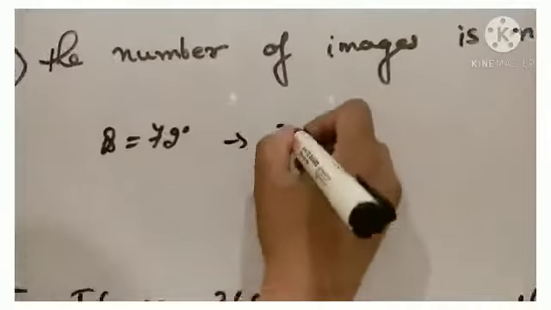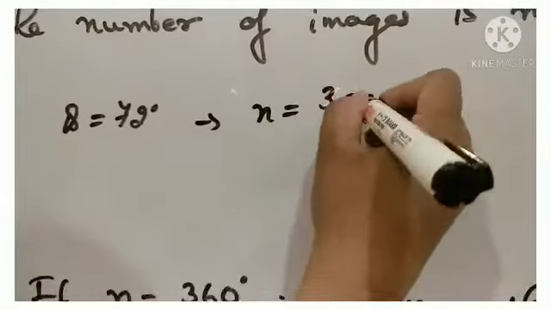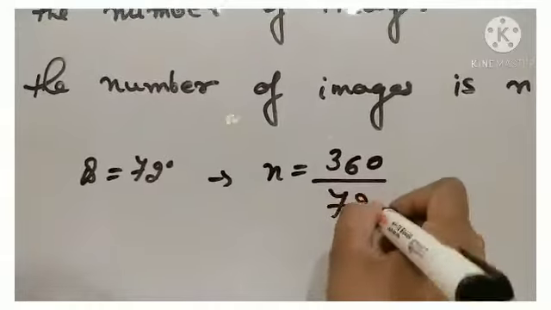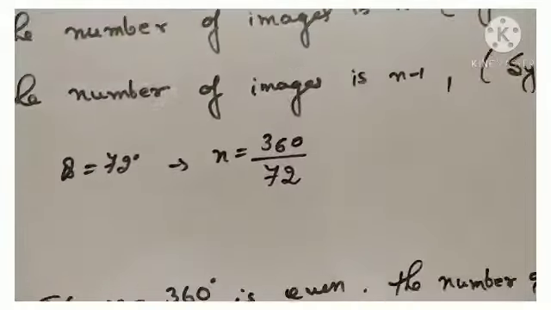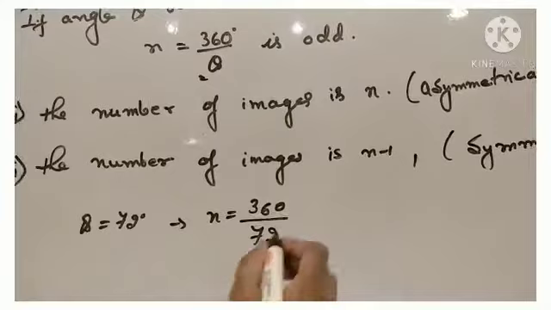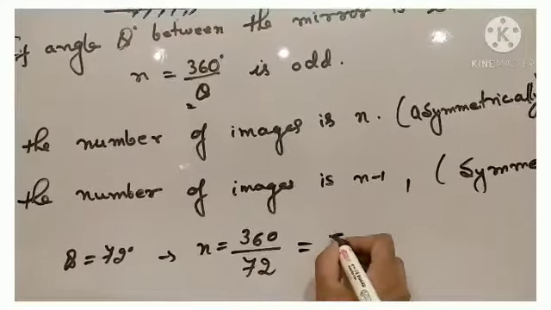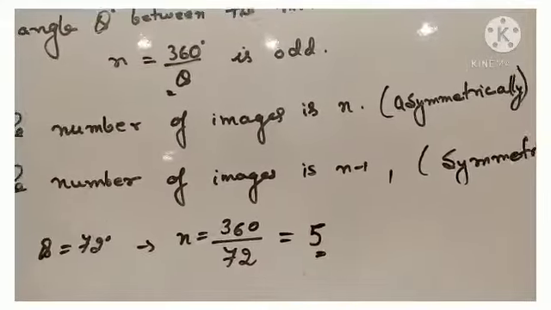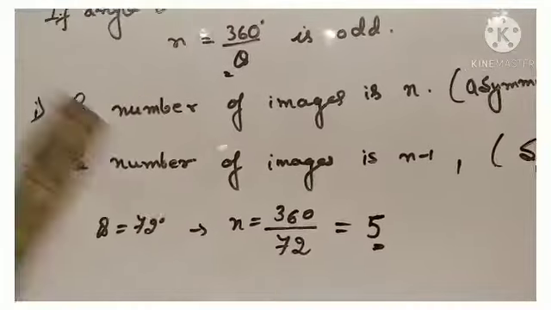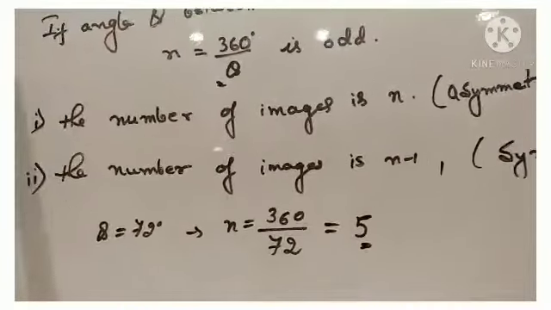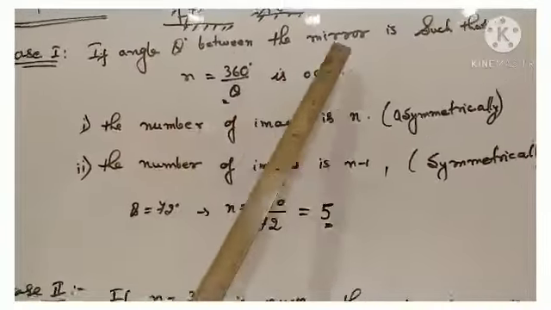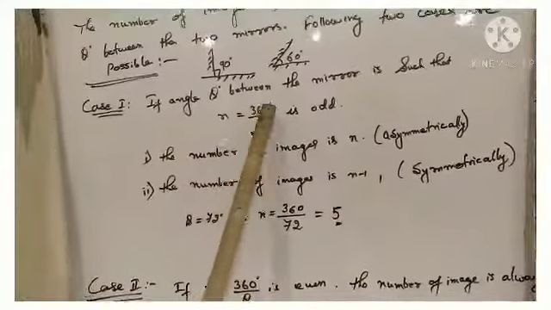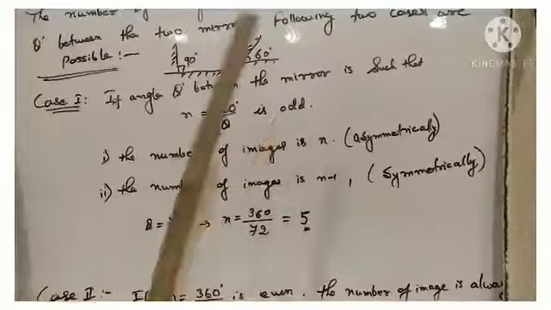So n is equal to 360 degree by 72. When you simplify it, you will get the answer as 5, which is an odd number. So the first case says that the angle between the mirrors is such that n equals 360 by theta is odd.